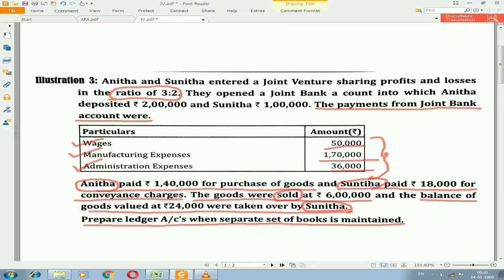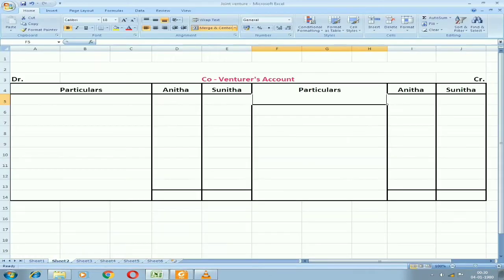In the second line at the start, you can see they opened a joint bank account into which Anita deposited rupees 2 lakh and Sunita deposited rupees 1 lakh. So these two amounts they deposited into the bank account when they started the joint venture. We are supposed to record that under the co-ventures account on the credit side in the name of joint bank account, by joint bank account, the reason being the amount deposited or invested.